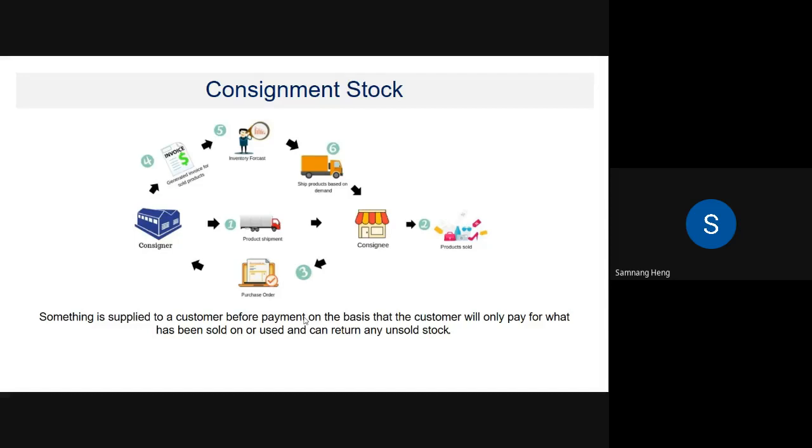Once the consumer buys it, we can issue a purchase order and charge them money. And if they don't buy it and want to return it, we have to bring it back. This is one of the market strategies.